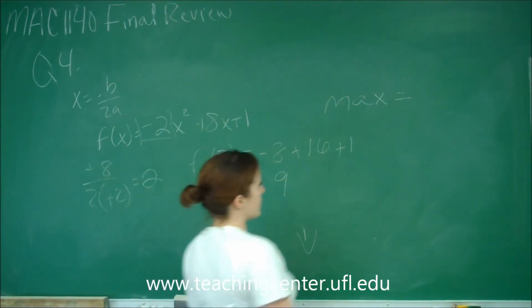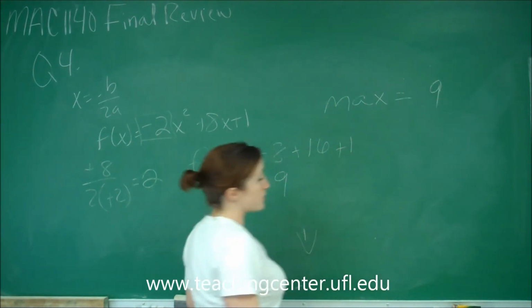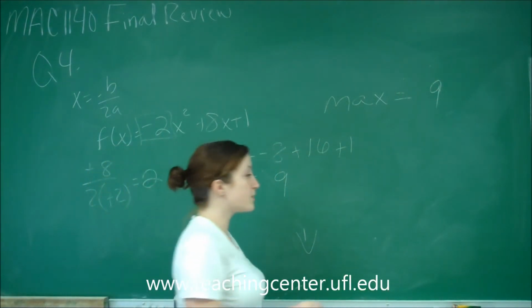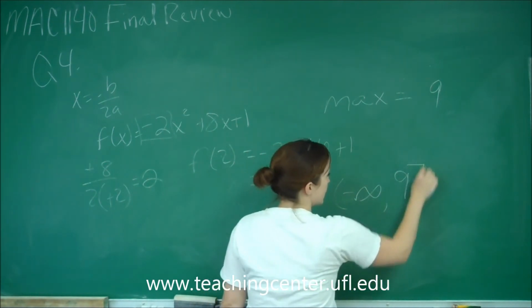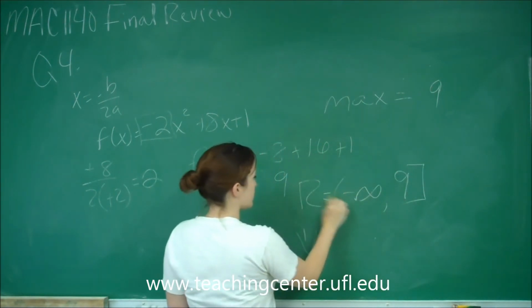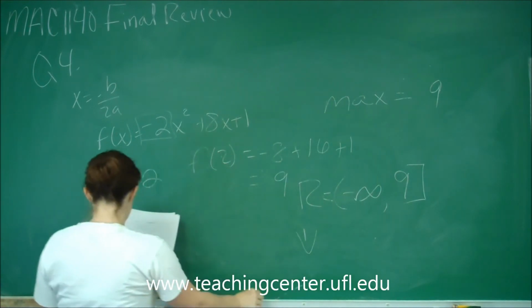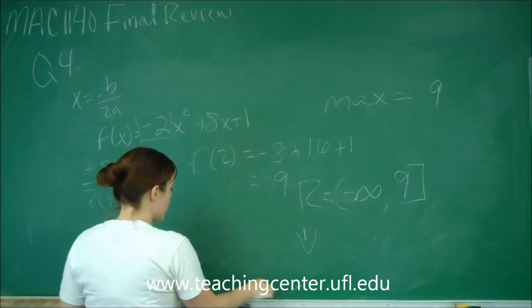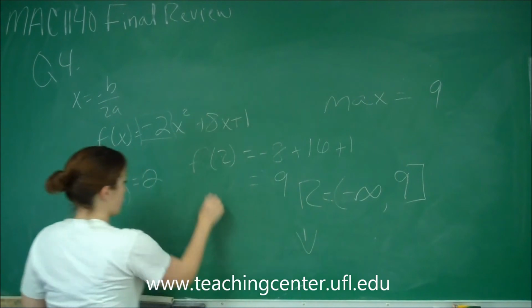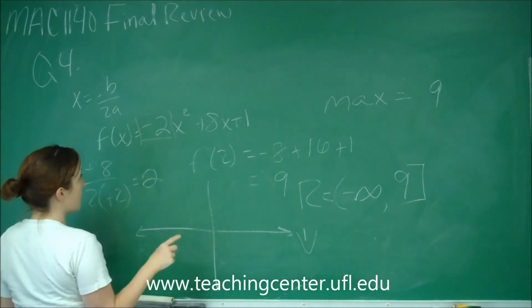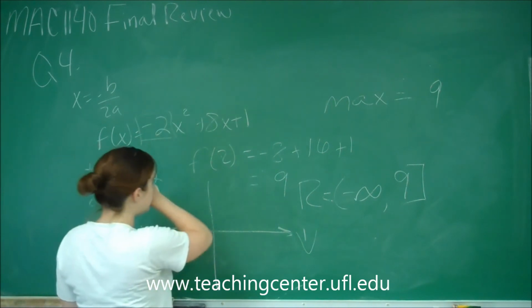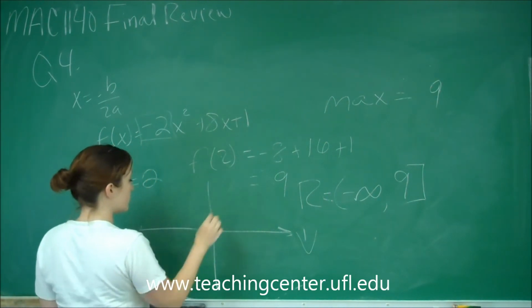So our maximum value is 9, and since we know that it's a max, we know our range will be from negative infinity to 9, and it's included. So that's our range, and that's how you do it. Then I can sketch it really quick, because I know that my vertex happens at 2, 9.